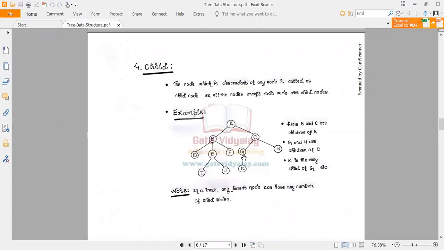It may have two children, three, four or five, or maybe just one. There is also a chance that it does not have any children, like H. K also does not have a child node, and I and J do not have children. This way the leaf nodes or the descendant nodes can be termed child nodes.